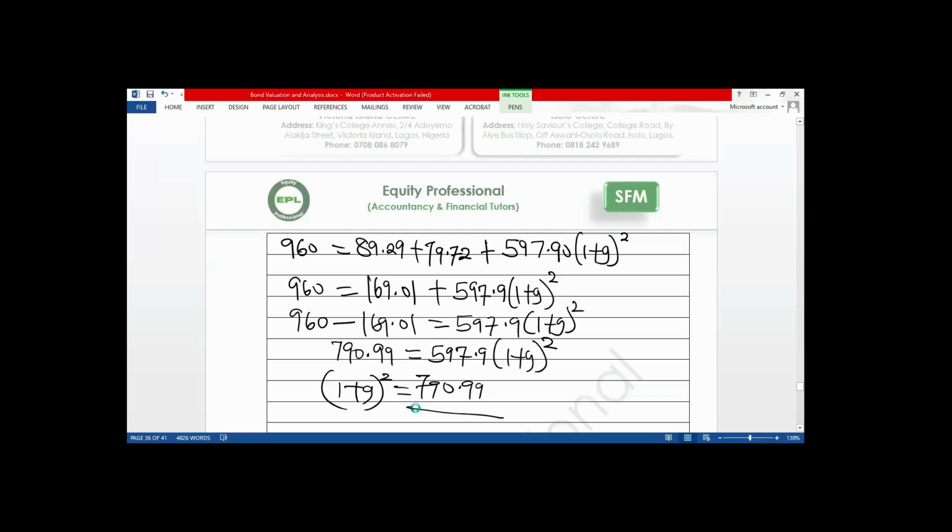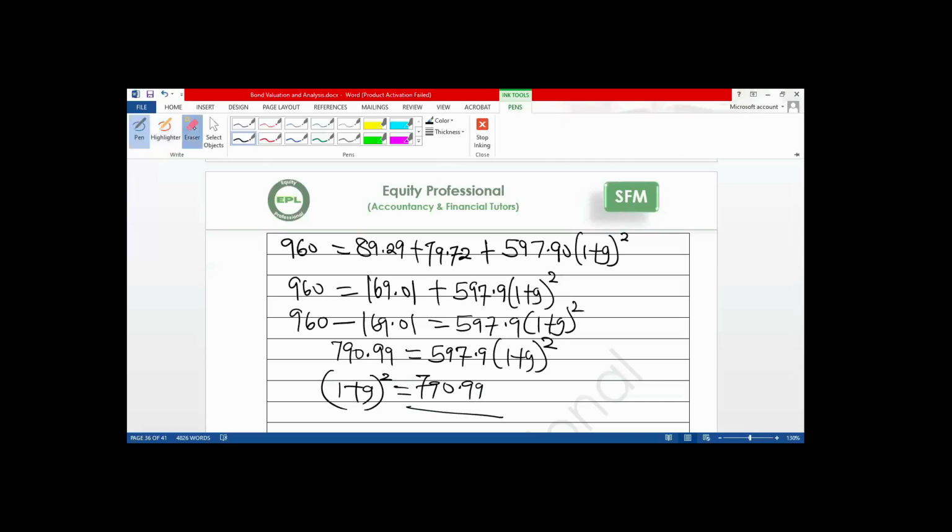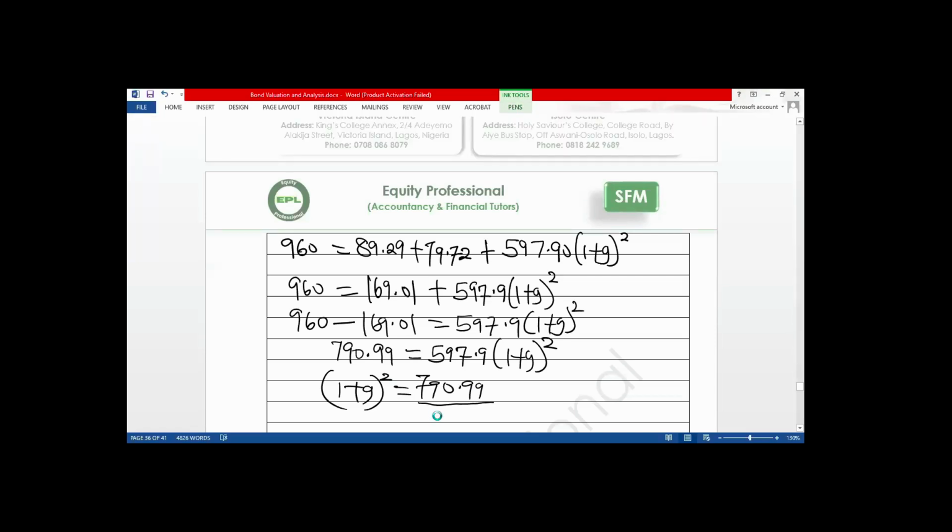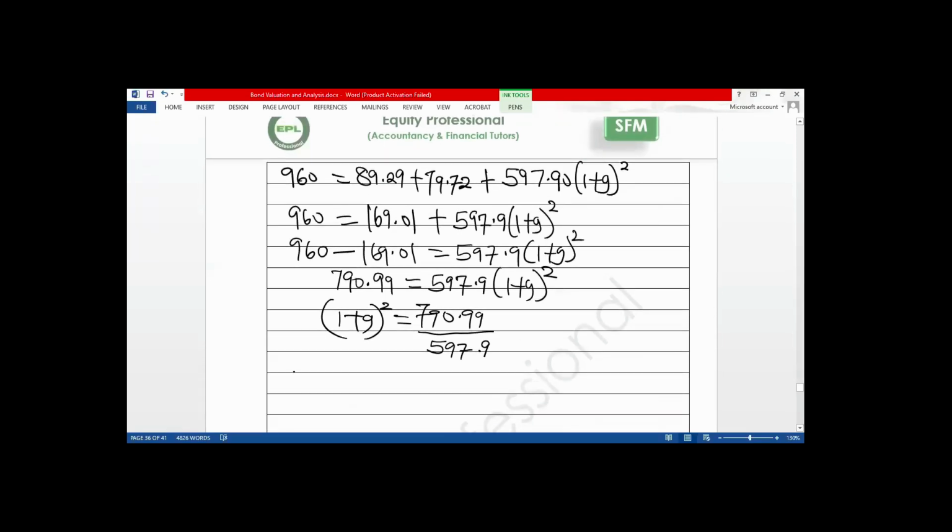790.99 divided by 597.9. Please divide. What do we have? 1 plus G raised to power 2 is equal to 1.323 approximately.